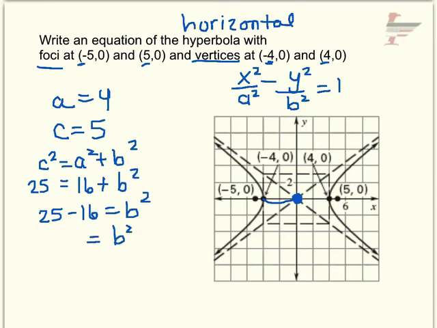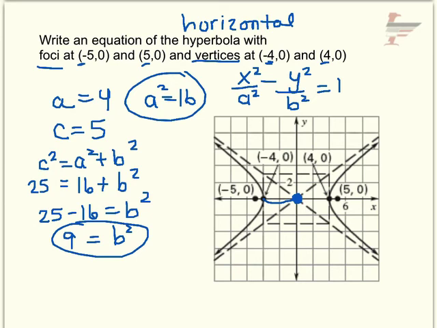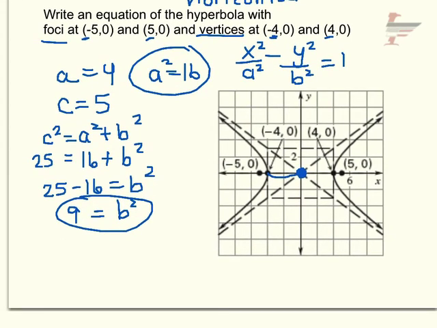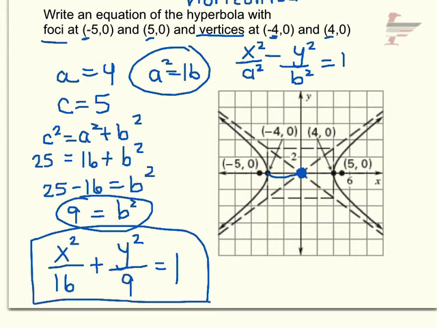So b squared is going to be 9. I know a squared is 16, because a is 4, and that's all I need to write my equation. So x squared over 16, minus y squared over 9, equals 1. And there's the equation of that hyperbola.